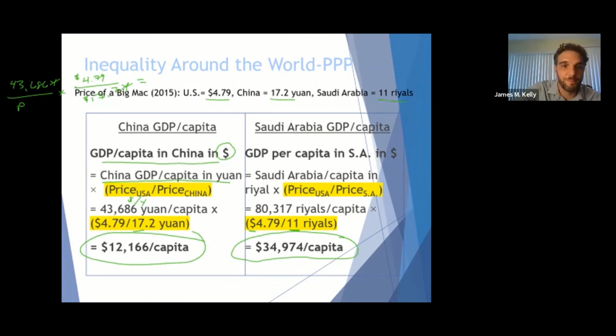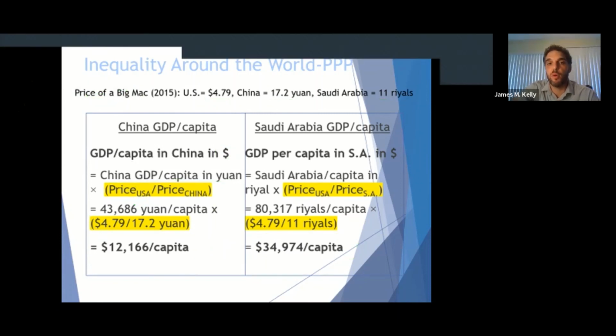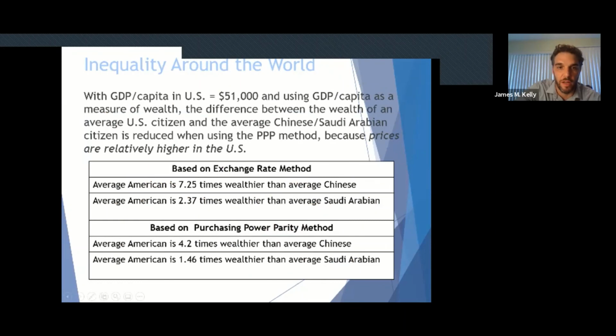Now notice that when we found real GDP per person using the PPP method, that real GDP per person in US dollars is actually higher than it was using the exchange rate.